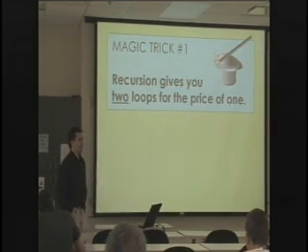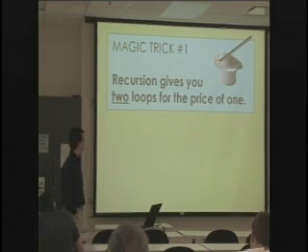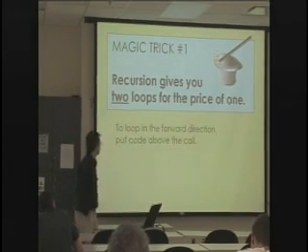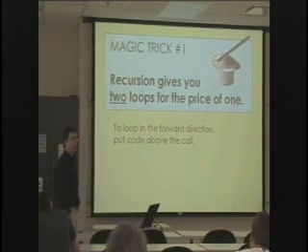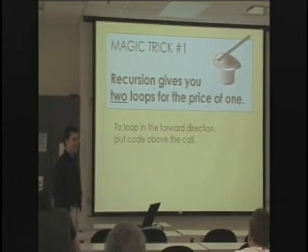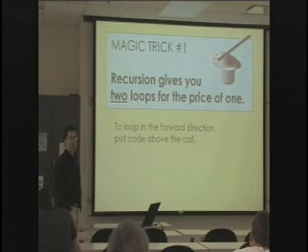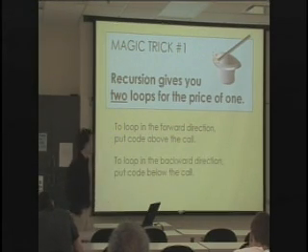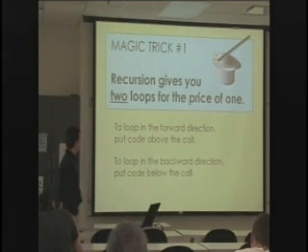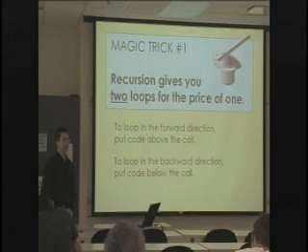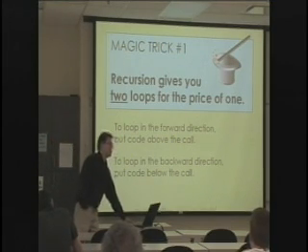One gives you 2 separate loops. If you want to make a loop that goes in the forward direction, simply place that code above the recursive call. If you want to make a loop that goes in the backward direction, simply place that code that you want to loop in the backward direction below the recursive call. You don't have to use both of these loops.